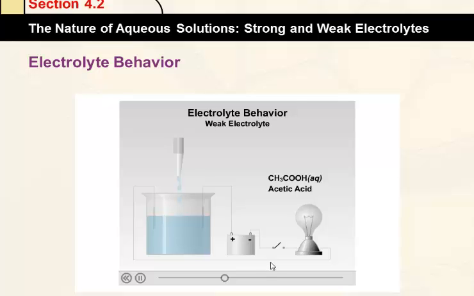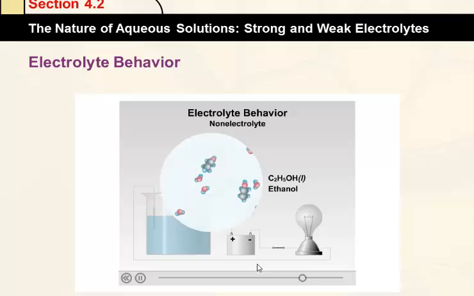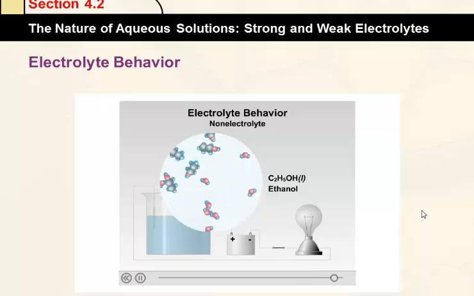Weak acids and bases are the most common weak electrolytes. Non-electrolytes are molecular species that do not dissociate into ions in solution. There are no ions available to conduct electrical current. Molecular compounds like alcohols and sugars are examples of non-electrolytes.